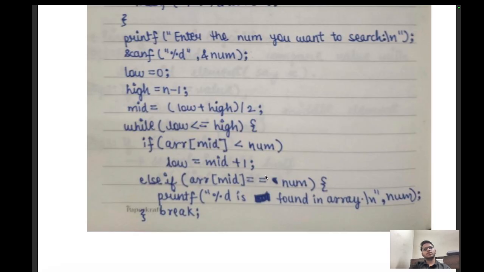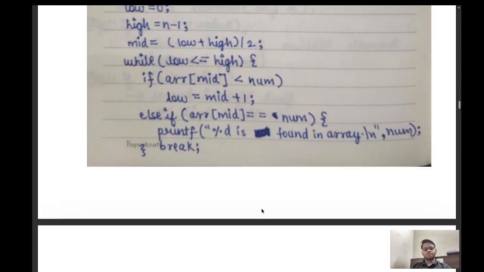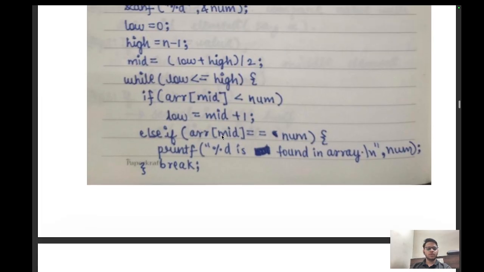High would be the last index of the array. We know that the array is of size n, so the highest index would be n minus 1. So low equal to 0 and high equal to n minus 1. Mid would be low plus high by 2, as we know beforehand.